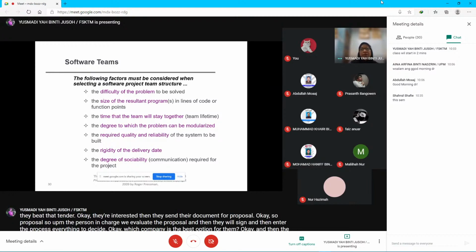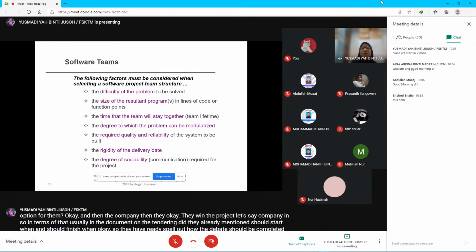They spell out when the project should be completed. So delivery date is very important for the software developer company to comply with. When company A has the contract, they can start.